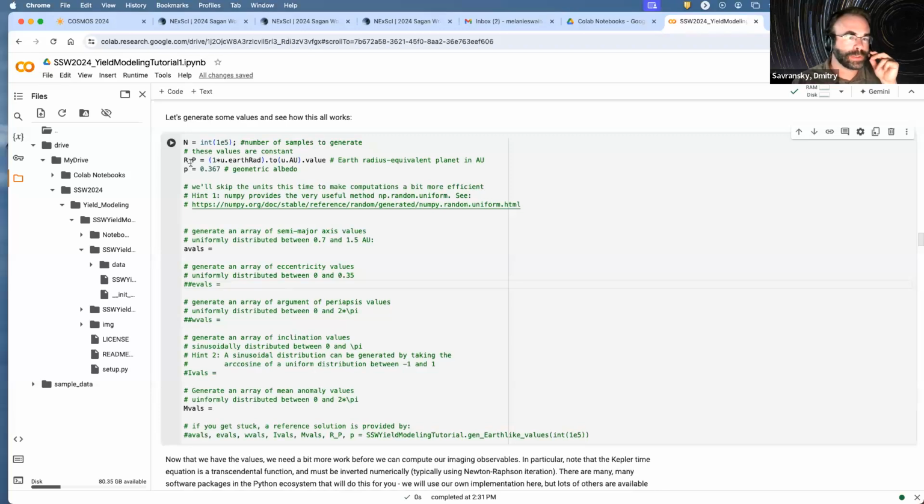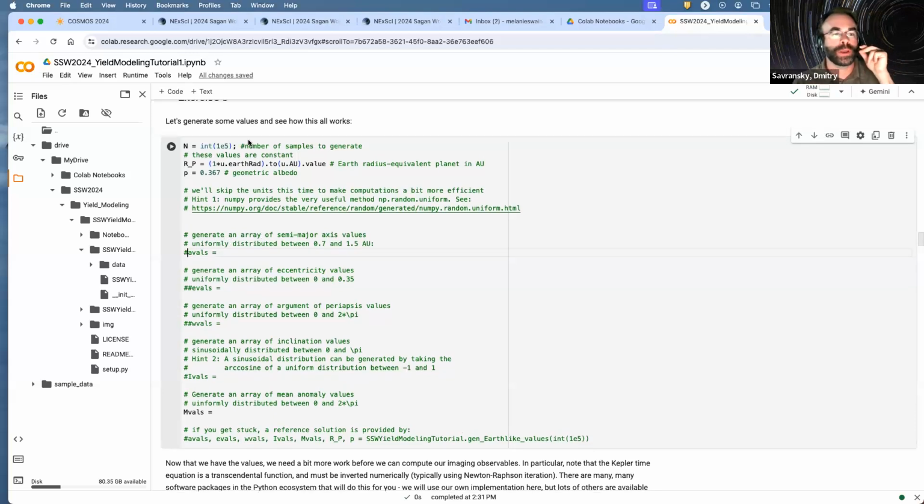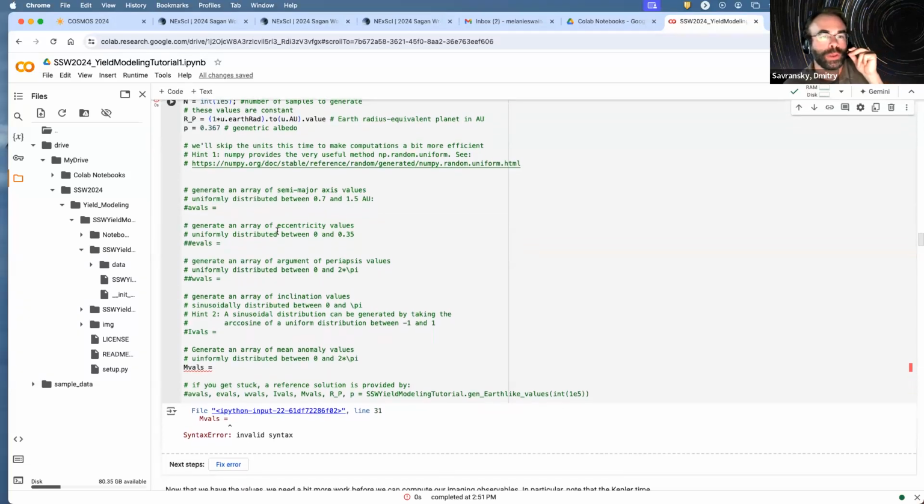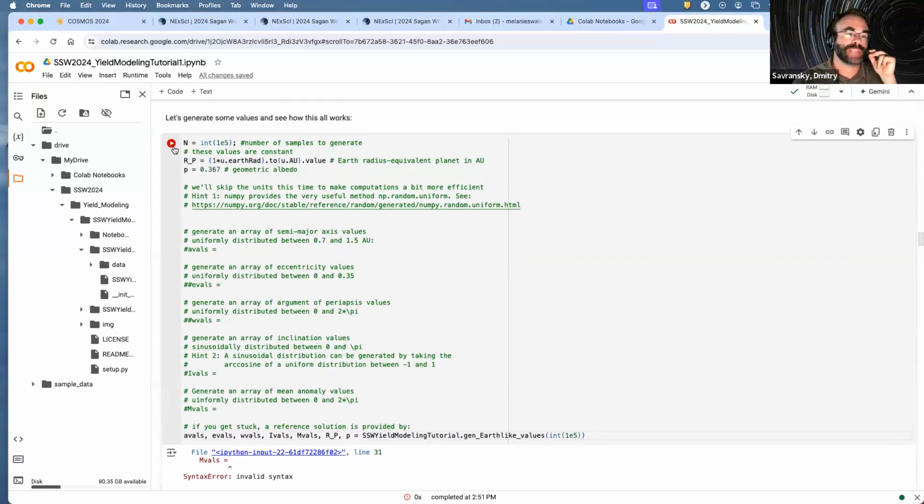Just for clarity, if you don't mind, I'll editorialize for a second. You'll notice that when I was originally describing the orbits, I didn't say anything about mean anomalies. That's because ultimately we don't care about the mean anomaly, we care about the true anomaly. The only reason we first compute the mean anomaly is that the density function, the distribution of true anomaly, is complicated and hard to sample from.